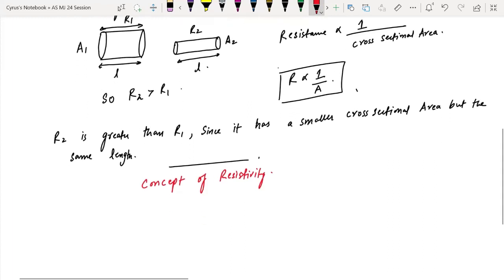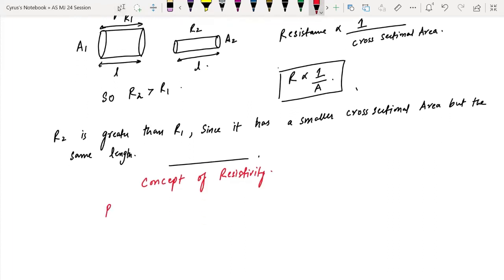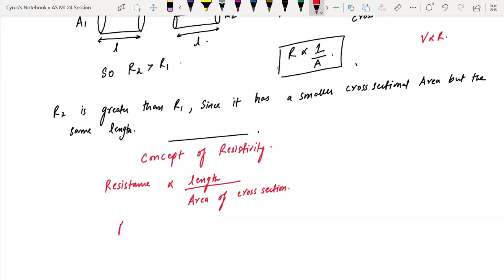As I've already told you, the resistance is directly proportional to the length and inversely proportional to the area of cross section. R is proportional to L over A. And this goes like this: R divided by L over A is equal to a constant.